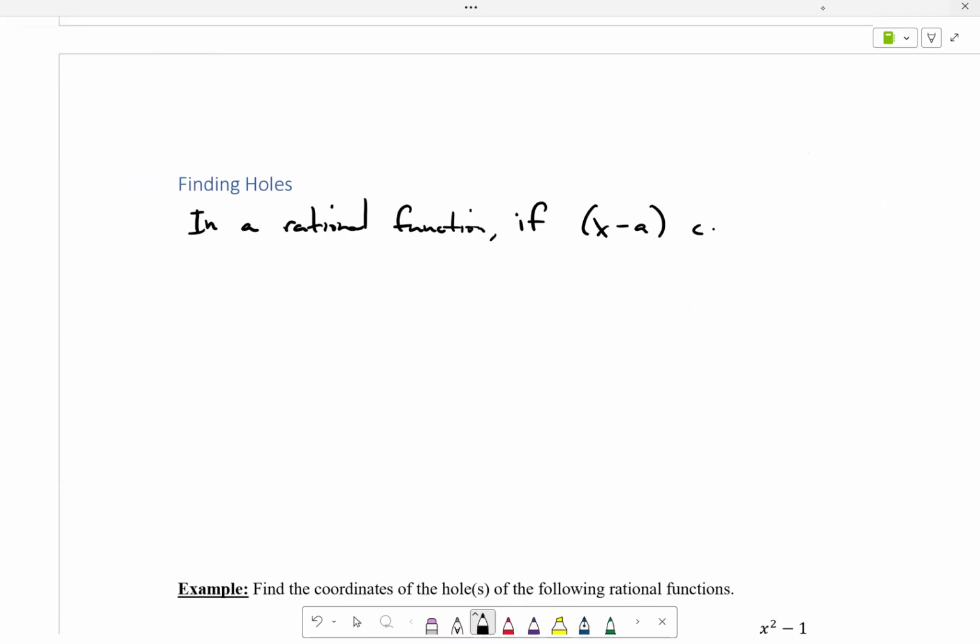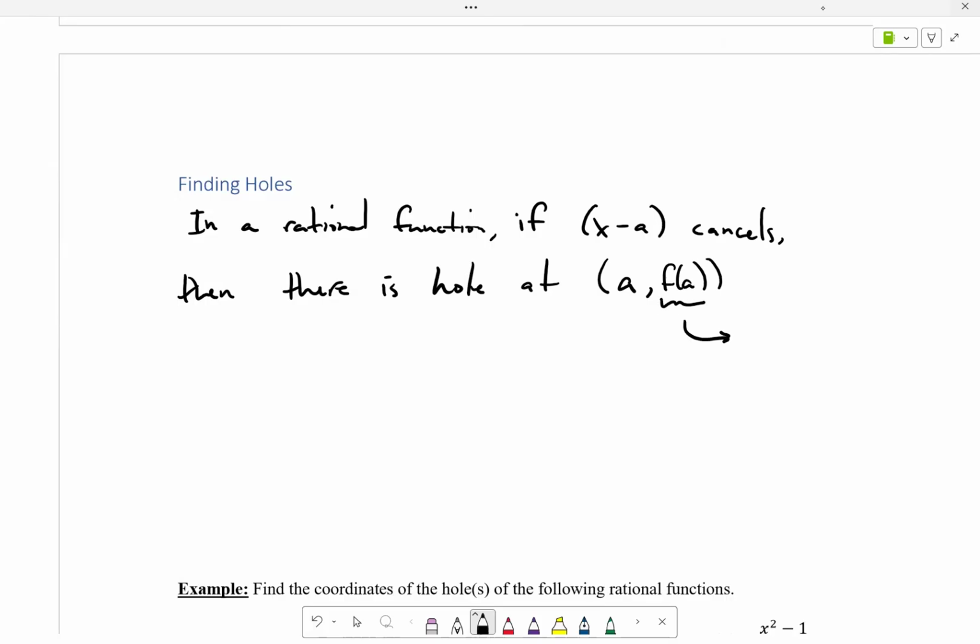If x minus a cancels, then there is a hole at what's the x coordinate of the hole? x equals a. So the point is a, f of a, and this is the simplified form of the function.